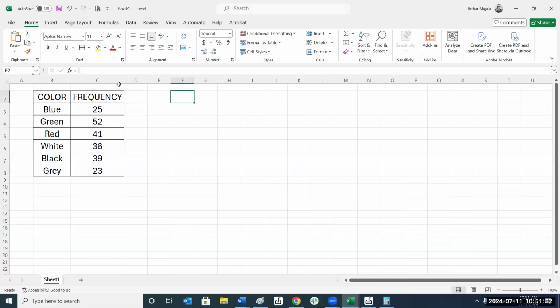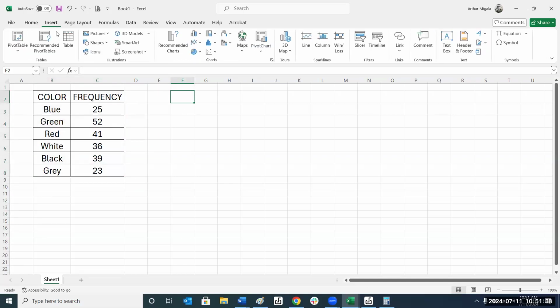So let's go back to our data. Here's our data. What chart do I want? Which one do we do first? Histogram.